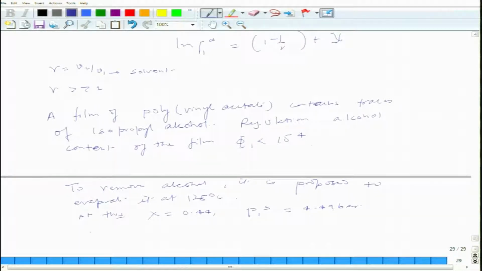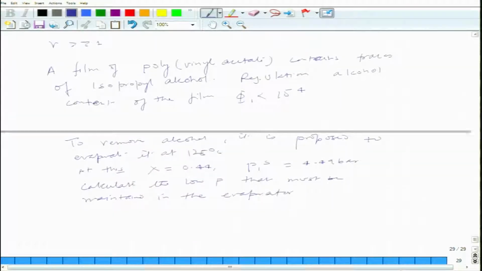What we need to find out is to calculate the low pressure that must be maintained in the evaporator to achieve this kind of purity of the film.